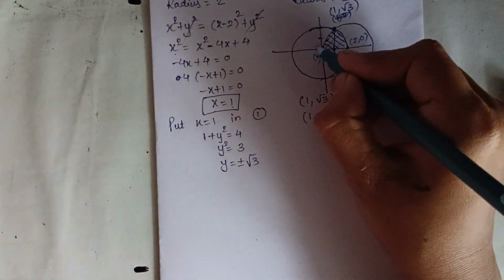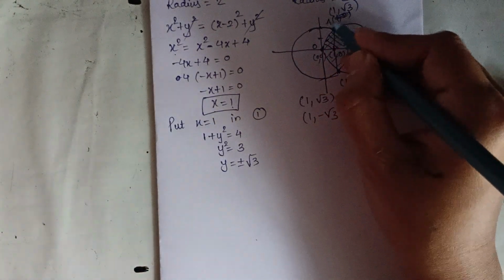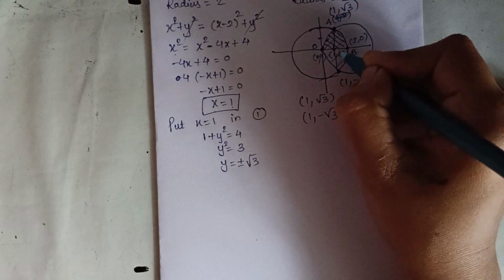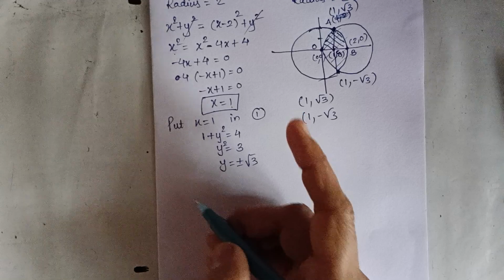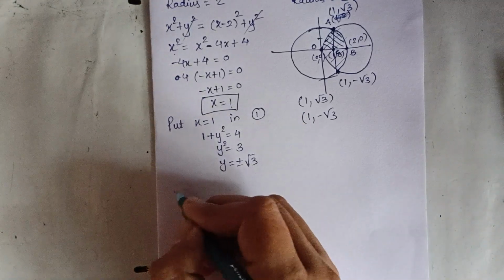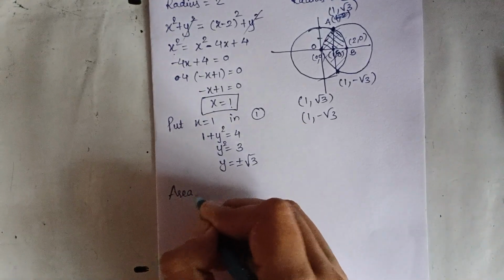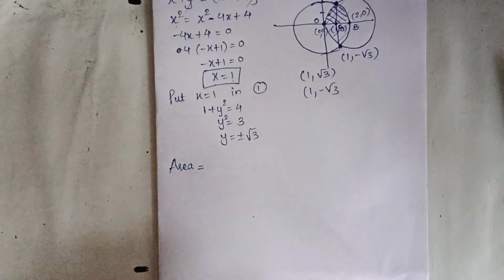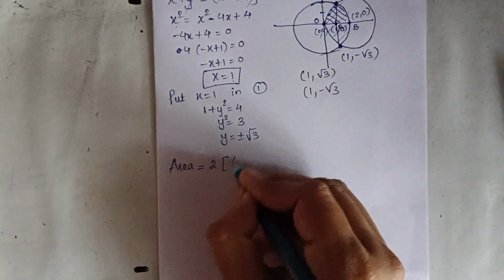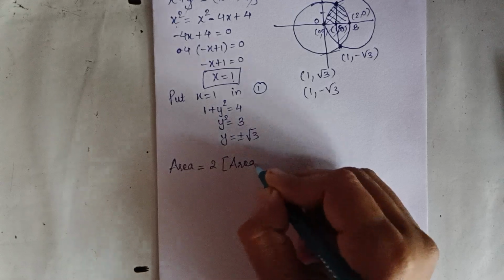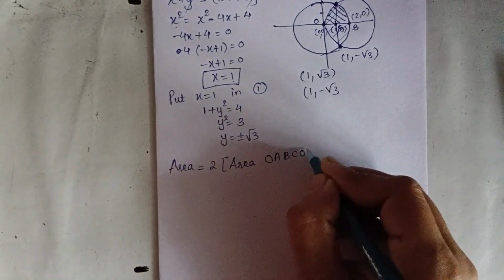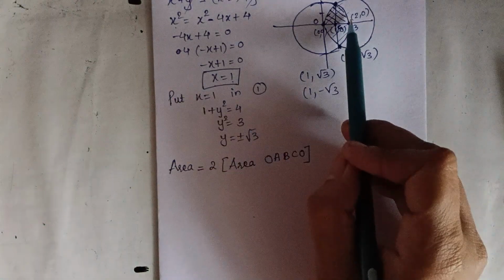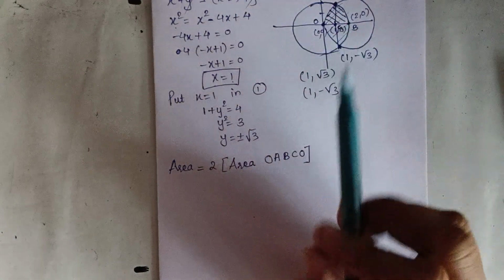So suppose this is O, this is A, this is B, and this point is C. Then the area I have to double it. Total area is 2 times area OABCO. This area I have to double.